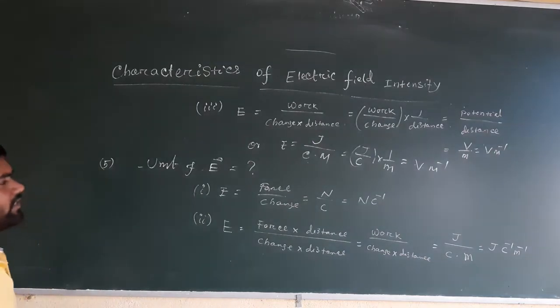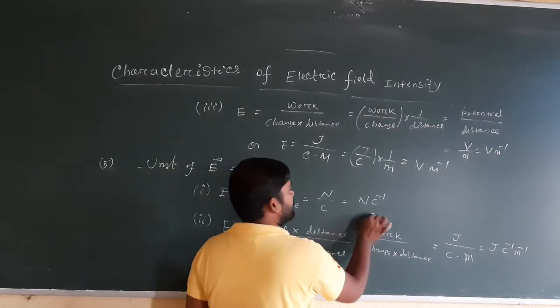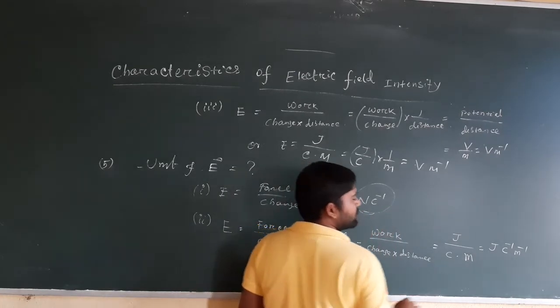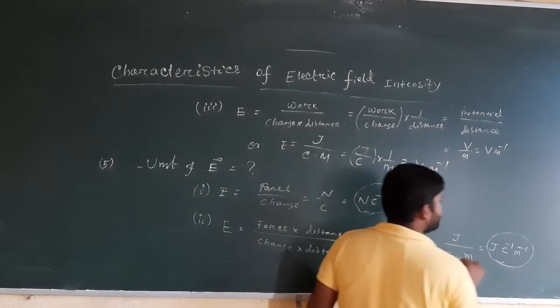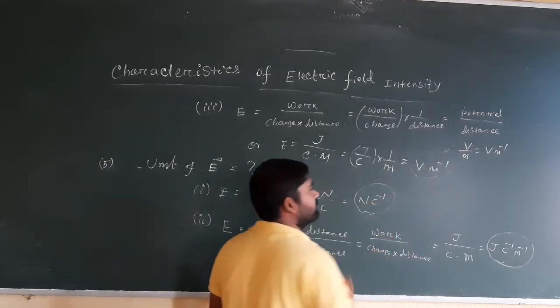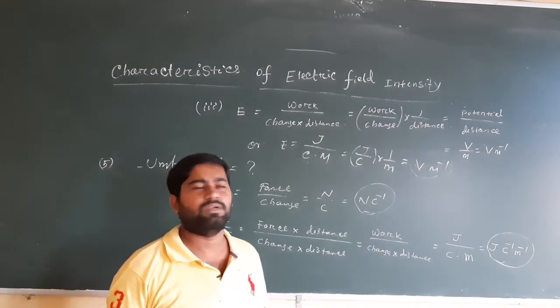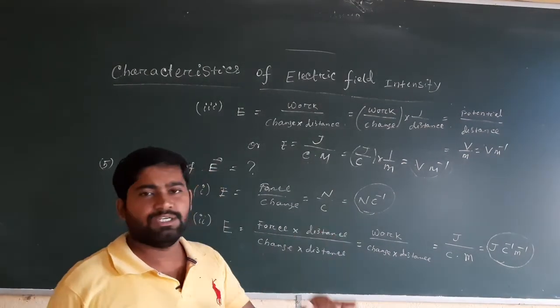So, electric field intensity has 3 different units: one is Newton Coulomb inverse, or joule Coulomb inverse meter inverse, or volt meter inverse. So, we can measure electric field intensity by 3 different units.